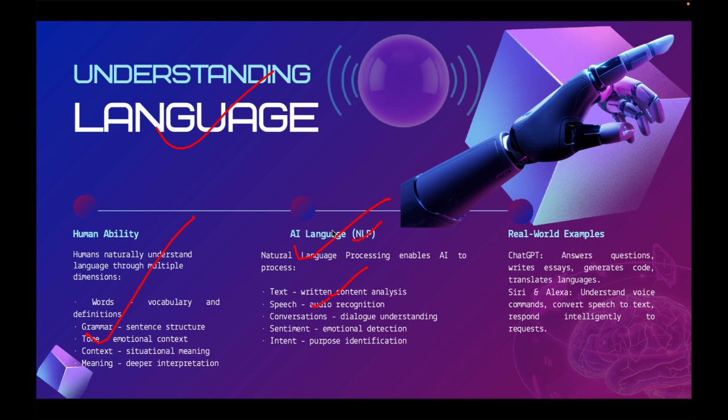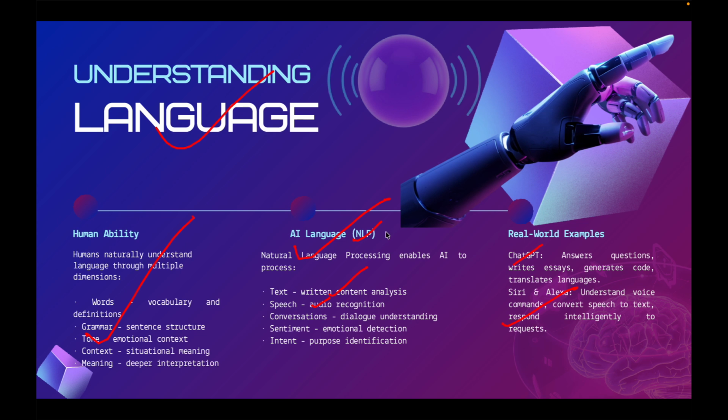So today NLP powers many real world applications. If you see ChatGPT, it answers questions, writes essays, and even generates code. Virtual assistants like Alexa and Siri understand voice commands and respond intelligently.